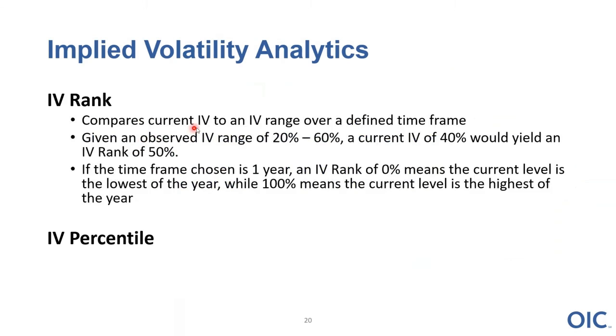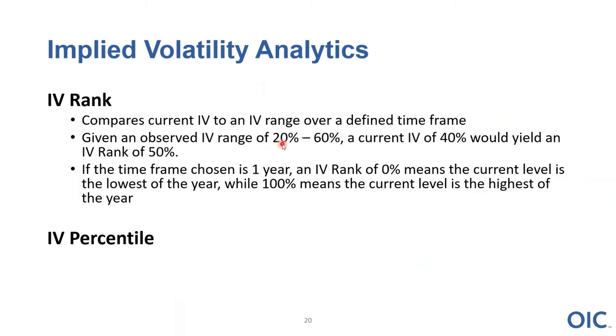IV rank compares the current level of implied vol to a range over a defined time frame. There are only 3 observations that are used when computing IV rank. It's the range, say, the low level, the high level of the range, and then the current level. So as an example, we'll say the time frame is usually 1 year.